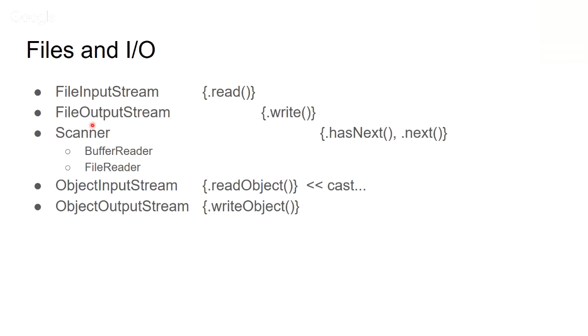Also, there is a really cool class called Scanner. Scanner basically works with tokens. It tokenizes the buffer, and then with the functions hasNext and next, you can go through the different tokens that Scanner has made in the buffer. hasNext tells you if there is another token to read, and next reads the next token that exists.